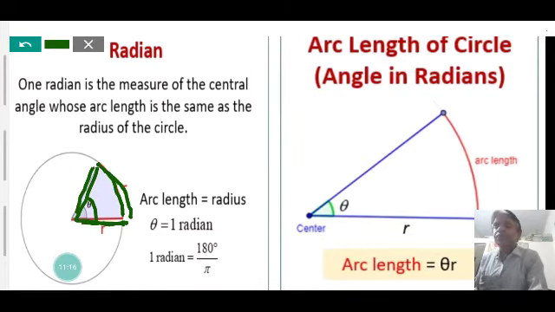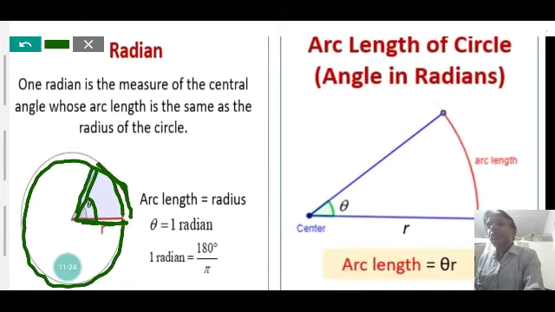So 1 radian is equal to 180 degrees divided by pi, because when the total 360 degrees is completed, the total angle measured in radians is equal to twice pi.